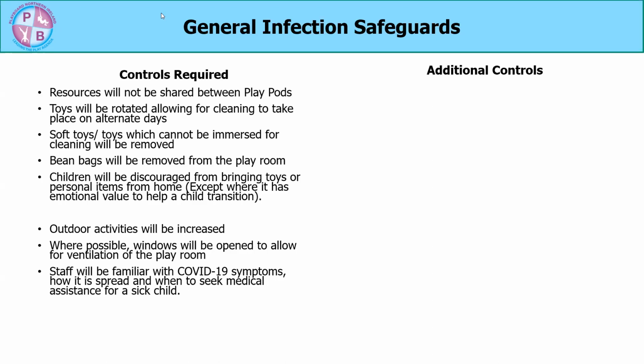What do you do? You go in and you open the windows, you let the fresh air in to circulate. That's what you're talking about doing there. Staff will be familiar with COVID-19 symptoms, how it is spread, and when to seek medical assistance for a child. And again, you can see that there's an onus on you as the manager to ensure that your staff are made familiar with these types of things so that they can deal with it appropriately.